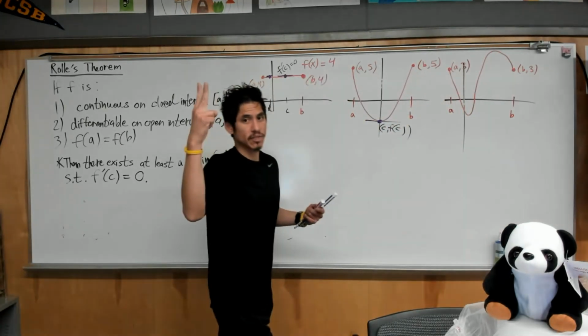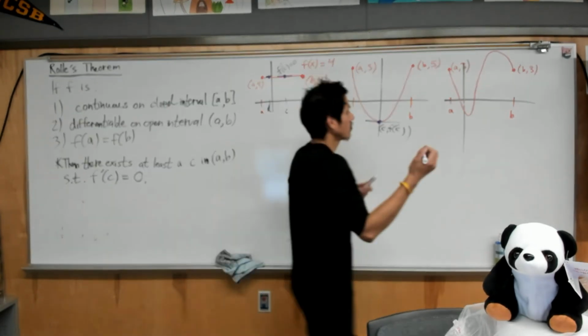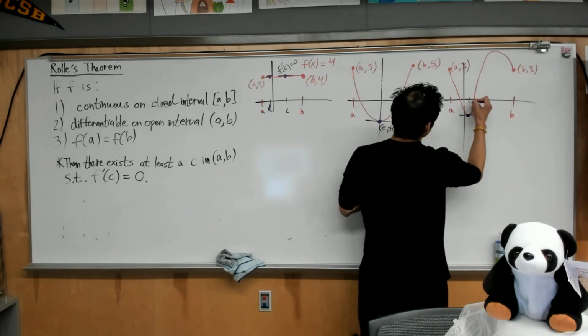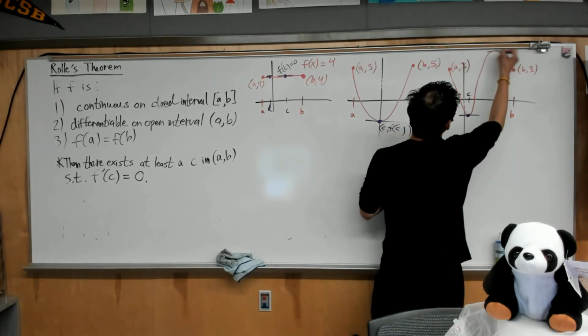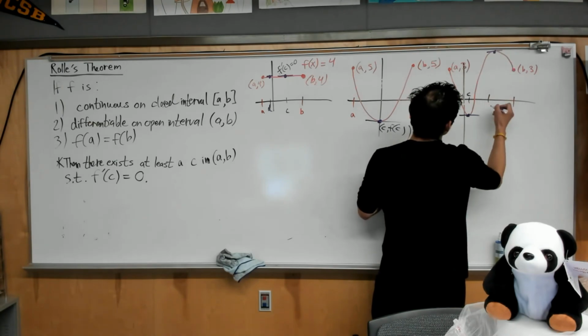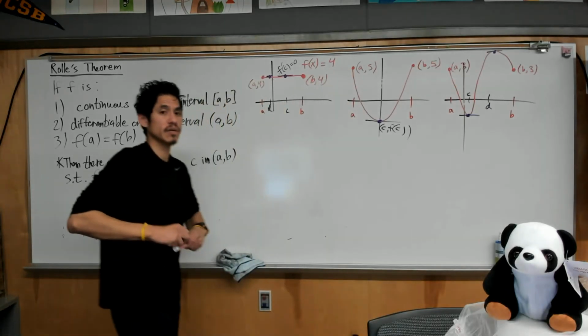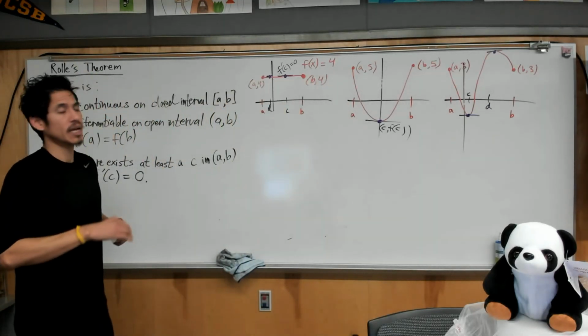So you can see there's probably 2 horizontal tangent lines. One over here, we'll call that C, and one up here, we'll call this other one D. So 2 horizontal tangent lines in that case. Rolle's theorem says there has to be at least one.